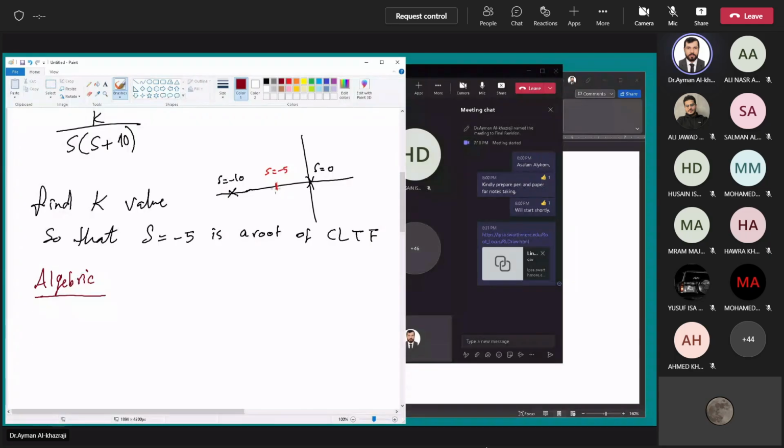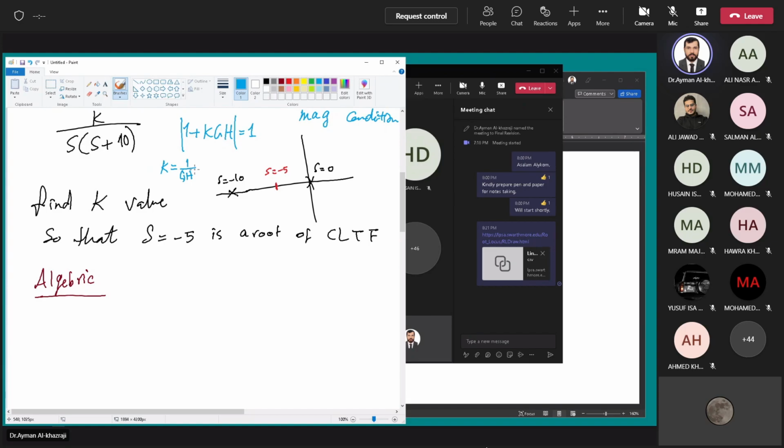You know the condition of root locus. I have 1 plus kgh equal 0. We call this the magnitude condition, right? This is the denominator of the characteristic equation. So I have k, I will say k equal 1 over gh.